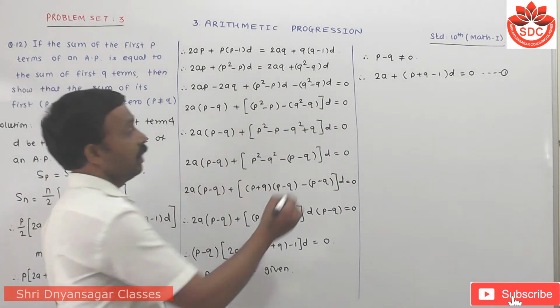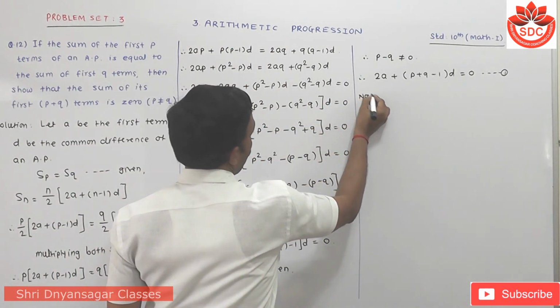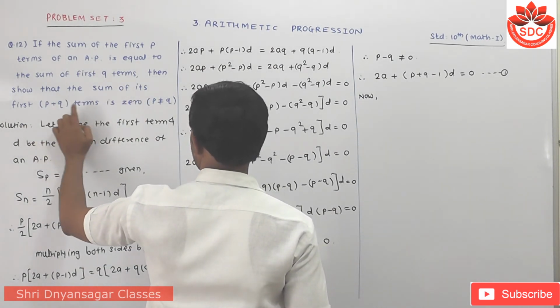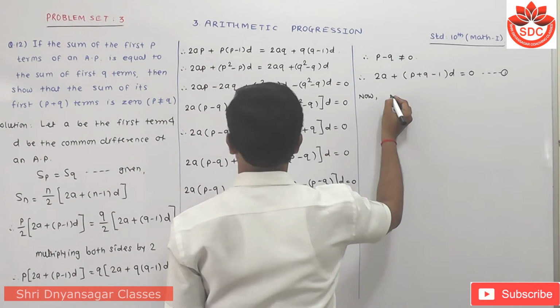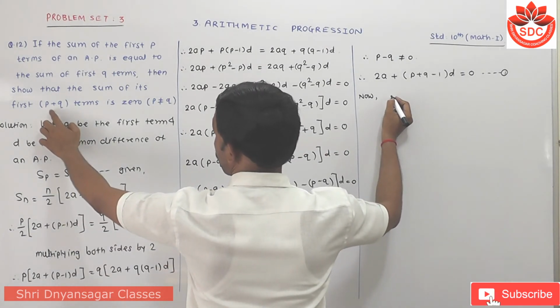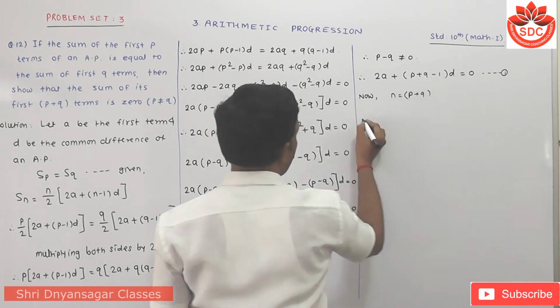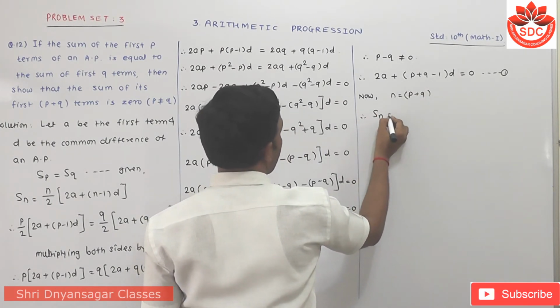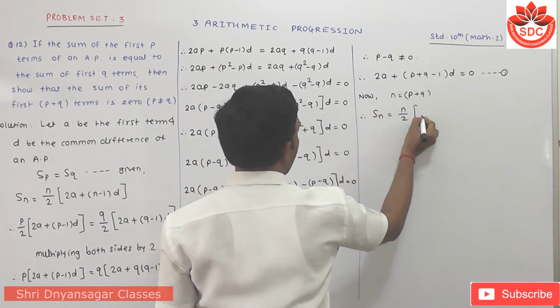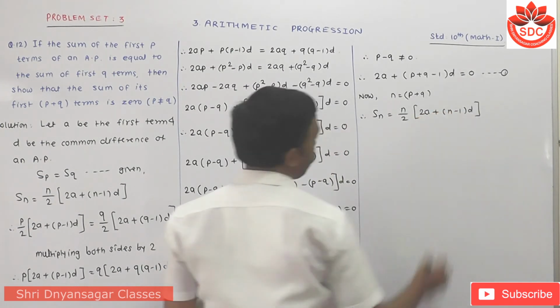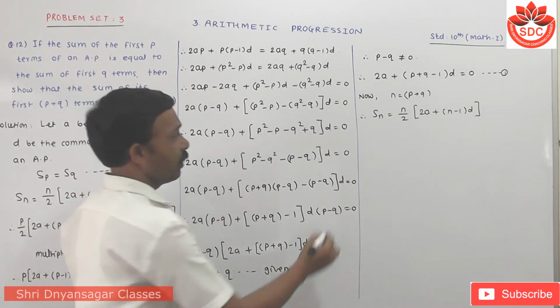Okay. Now we have to show that the sum of the first p plus q terms is 0. So you have to substitute the value of n as p plus q. Into this equation, S n is equal to n upon 2 in bracket twice a plus n minus 1 into d. Student, look carefully.